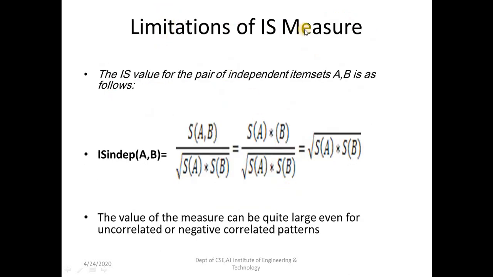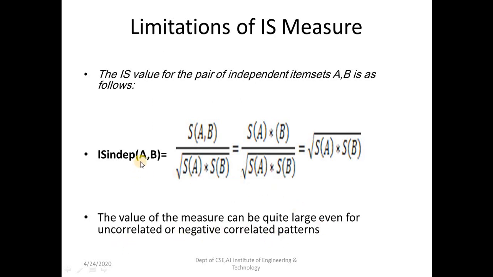Next, the limitations of the IS measure. The IS value for a pair of independent item sets A, B is given by the square root of S of A into S of B. The value of the measure can be quite large even for uncorrelated or negatively correlated patterns.